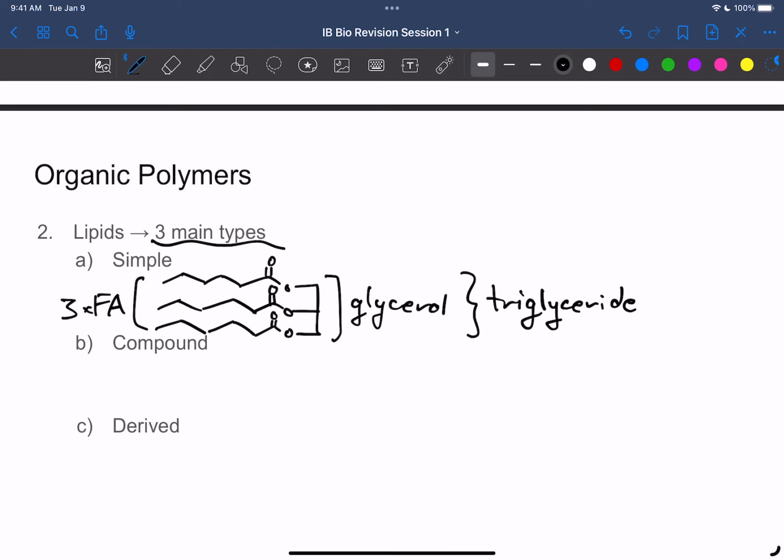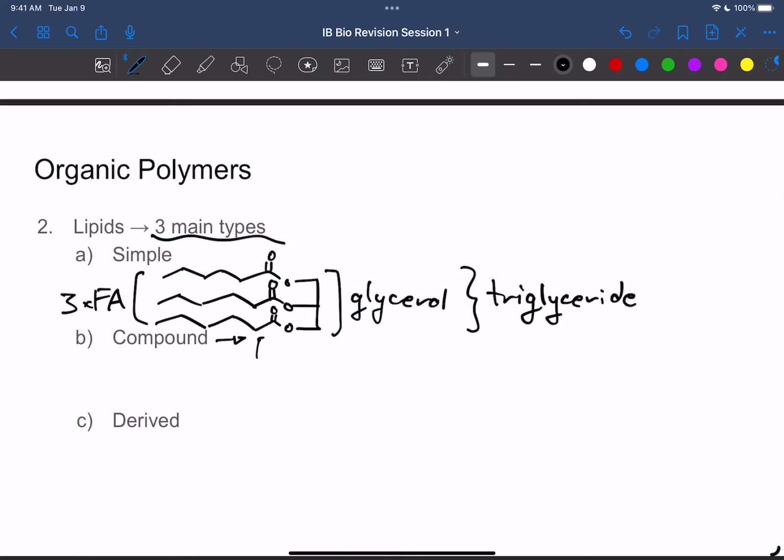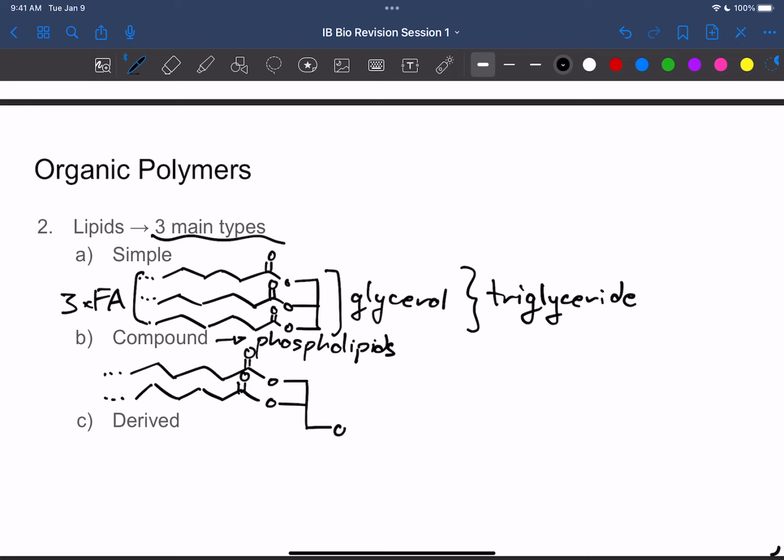Next is compound lipids. So this is going to be something like phospholipids. And phospholipids are kind of similar to a triglyceride, except the difference is there's only 2 of them. And this is still glycerol, by the way.